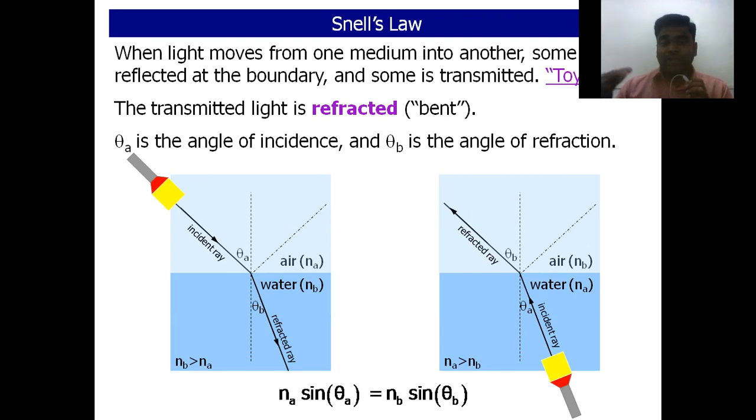With the help of Snell's law, we can calculate the refractive index. Suppose the light wave travels from air to water, the condition will be as in the first image.